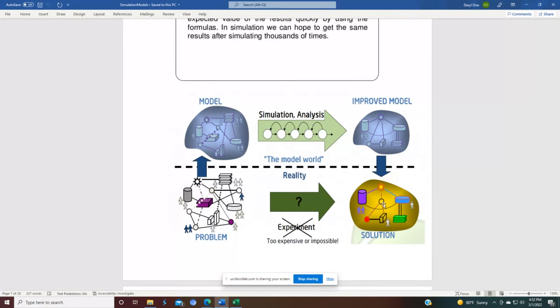But again, simulation comes after experimentation. Experimentation is better. But again, experimentation could be too expensive or impossible to do.